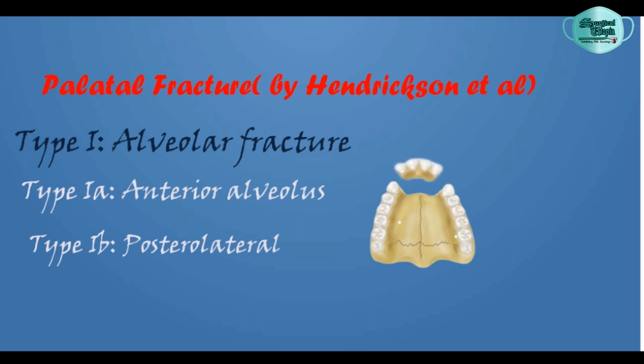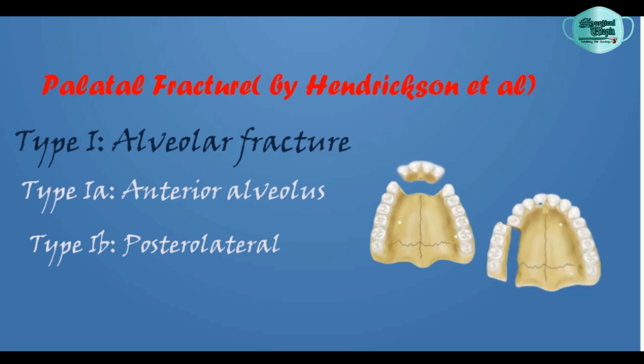The second type is the type 1B, which is the fracture in the posterolateral region of the alveolus, and this fracture will contain the premolars, the molars, and the associated alveolar ridge. So you can see distinctly in this figure the type 1 fracture, type 1A and type 1B.